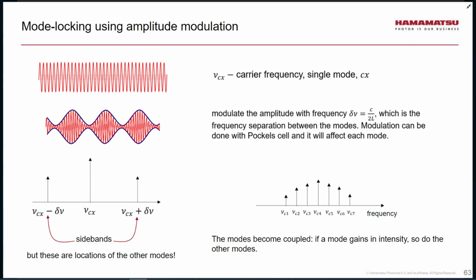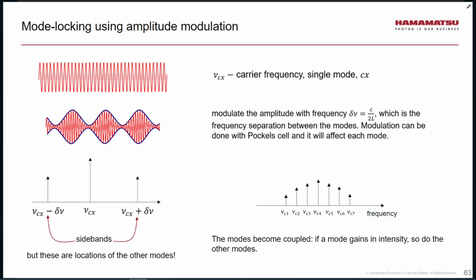So pump energy into the pulse, and that's achieved by so-called mode locking using amplitude modulation, which is basically borrowed from radio physics. If I have, so remember our laser has many modes. These modes are separated by some frequency difference.